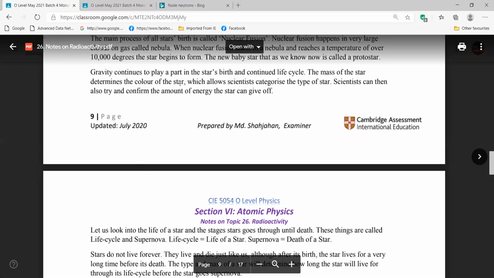Even our planets, different planets, they have different color, right? Mars is red, and about stars, that is also different color.